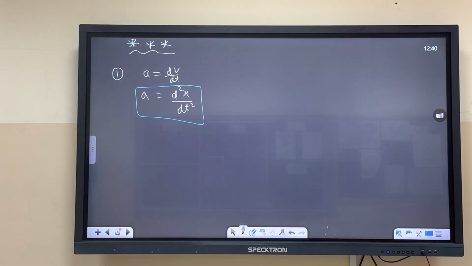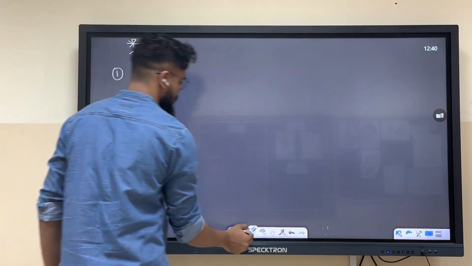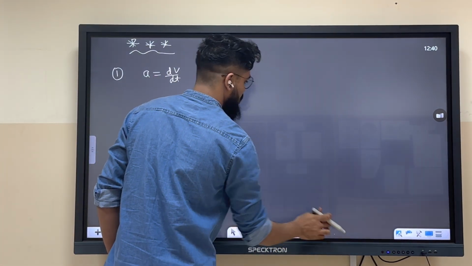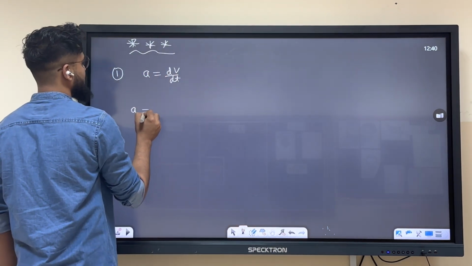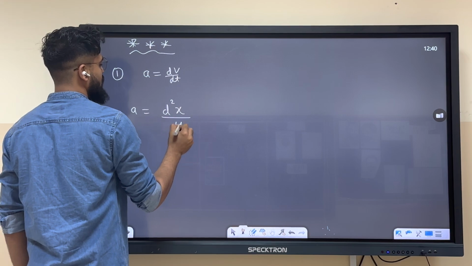So, अच्छे से लिखते हैं, बहुत पास हो रहा है. So acceleration will be d square x upon dt square.